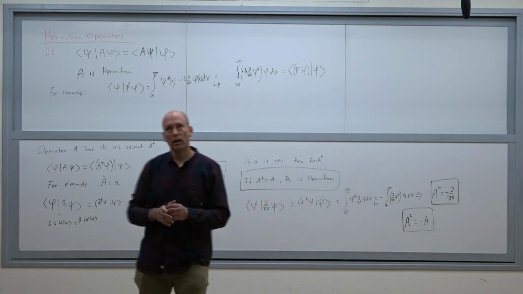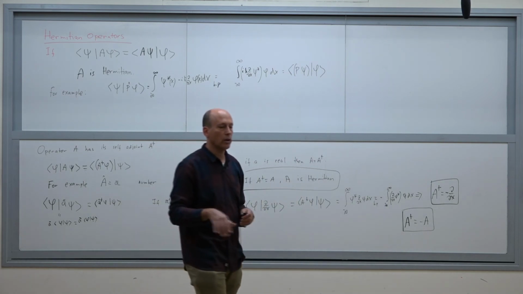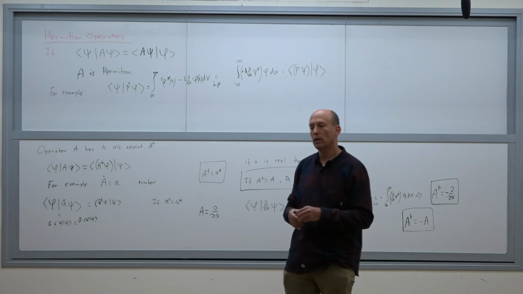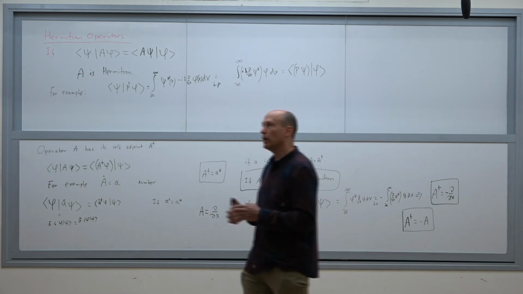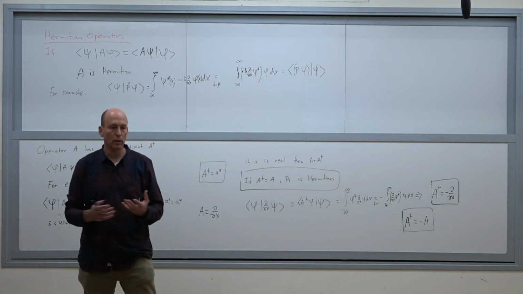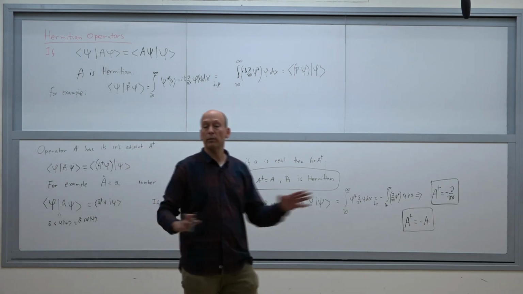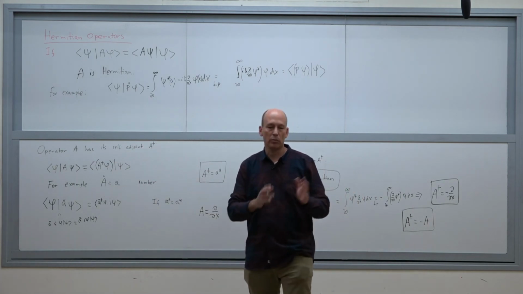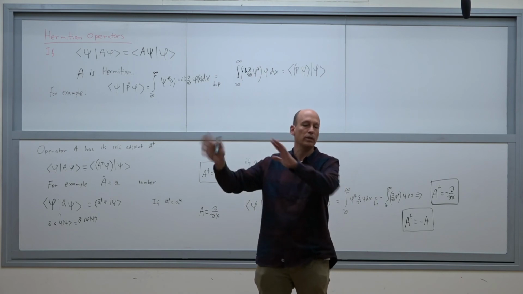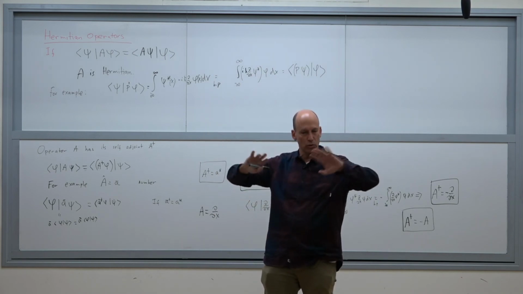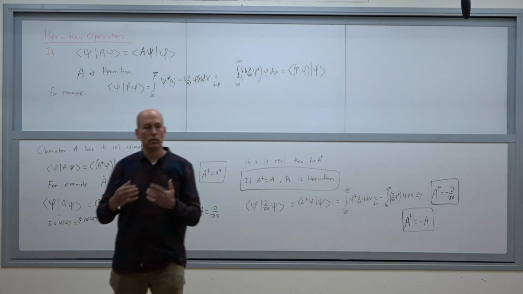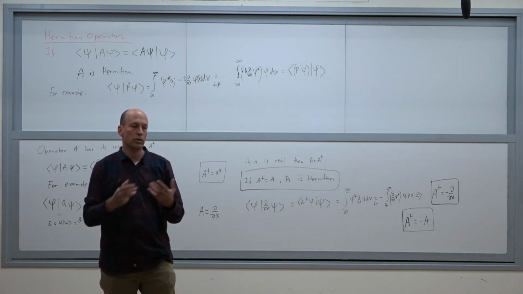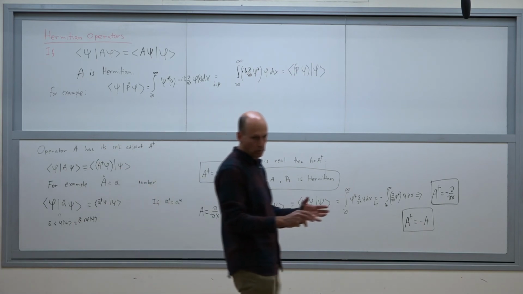So what you will get in the next lesson, or if you read Cohen-Tannoudji, you will see what the physical assumptions are, okay? And one of the physical assumptions is going to be that physical observables, which you know already in many examples, so this is not a big surprise, like momentum, Hamiltonian, orbital angular momentum, spin, which you did not learn, but everything, each observable has a Hermitian operator associated with it.